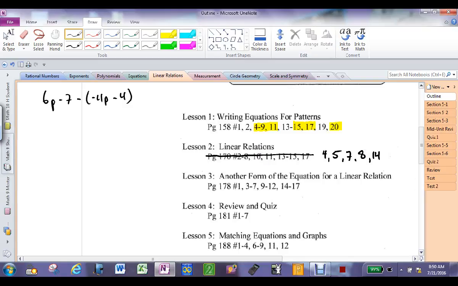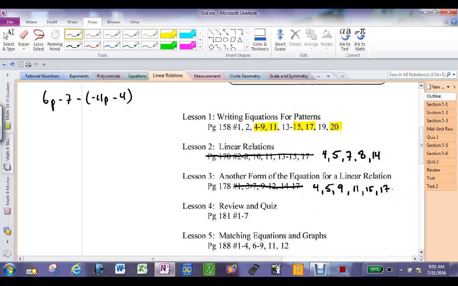On page 178, which is the work we just did, I want you to do 4, 5, 9, 11, 15, and 17.